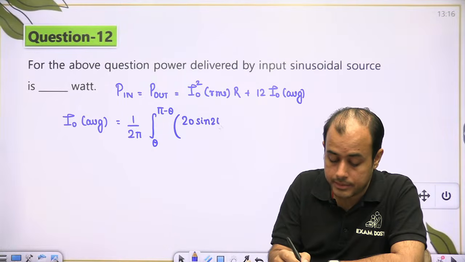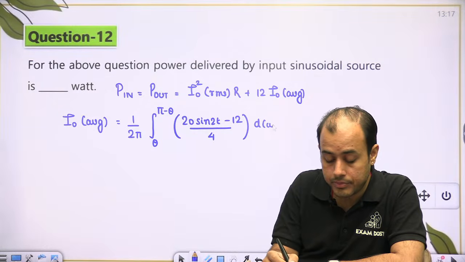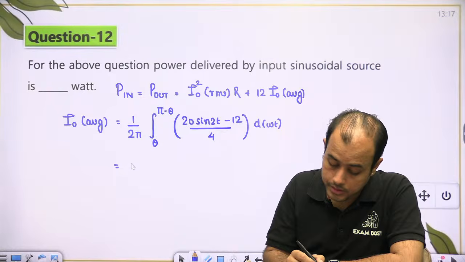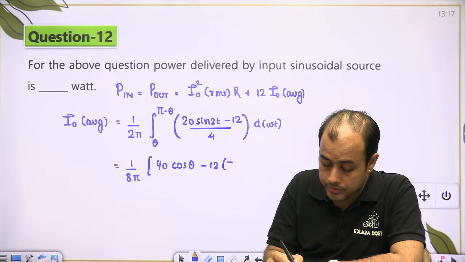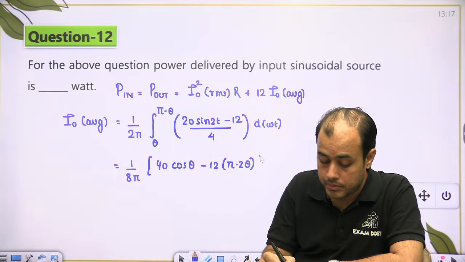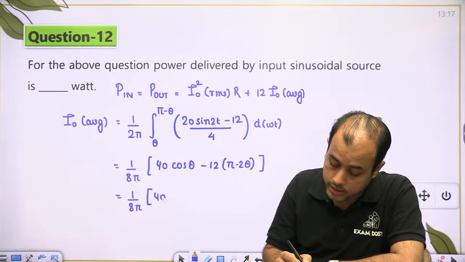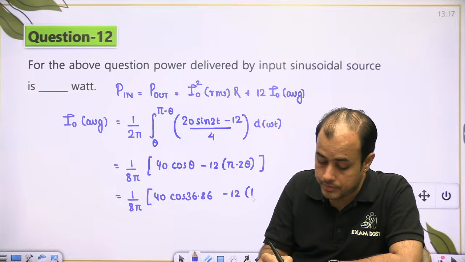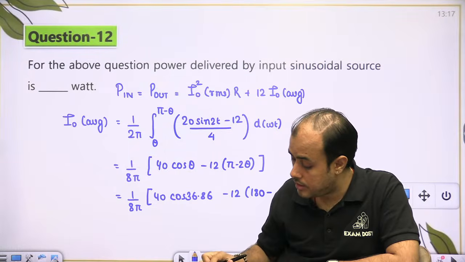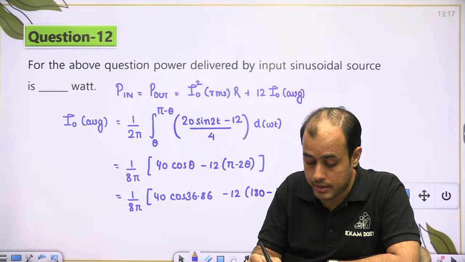(20 sine omega t minus 12) d omega t, 1 by 8 pi, 40 cos theta, cos 36.86 minus 12, 180 minus 2 into 36.86, 73.72, into pi by 180.